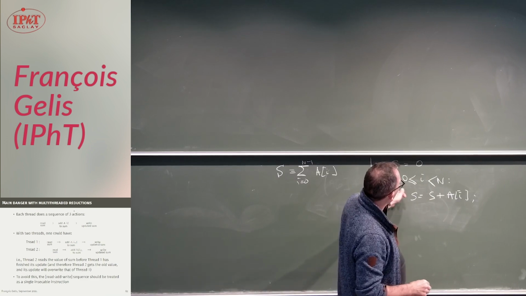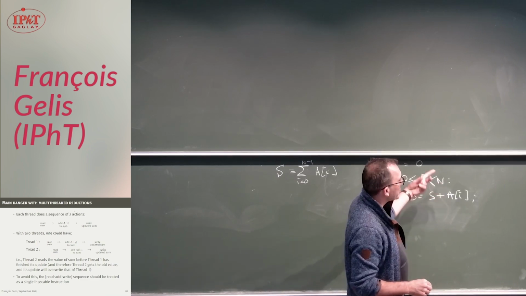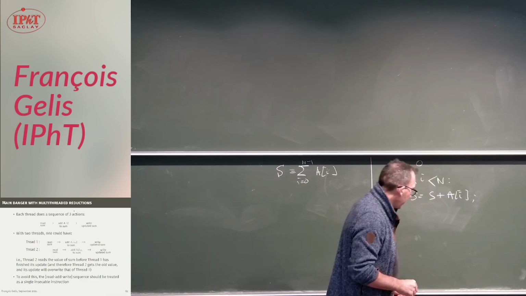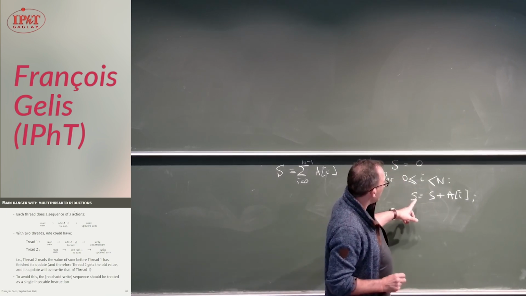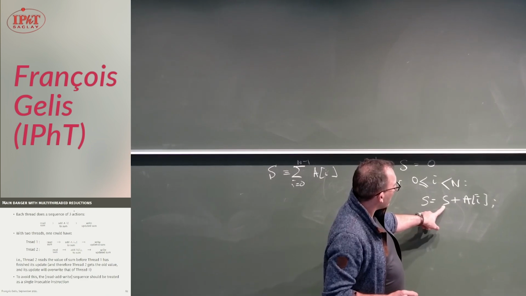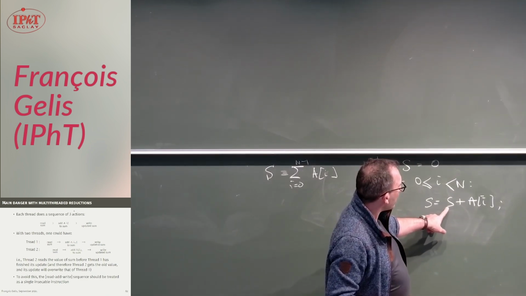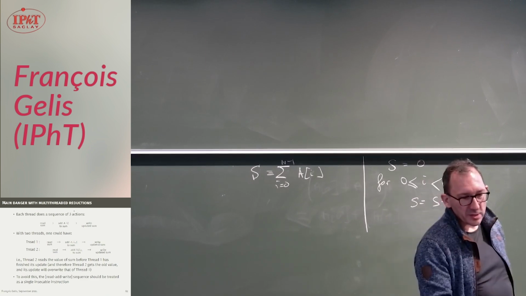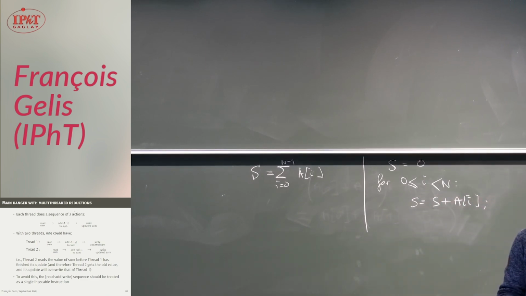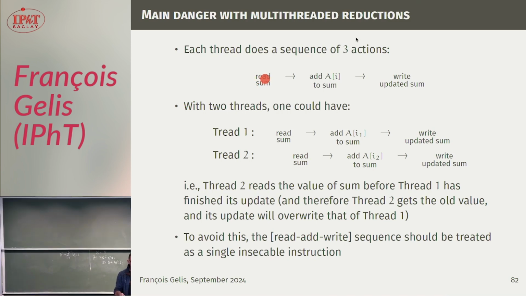Now, if you parallelize this loop, which is an obvious target for parallelization, the risk is that you update this S in every iteration, and you have two threads. Each thread is doing this operation. It reads the current value of the sum, the value that the variable S has reached at this point.